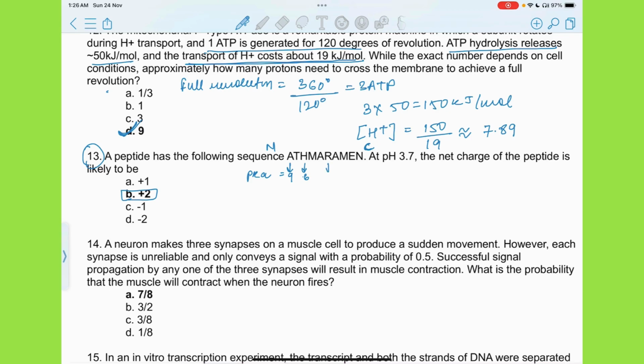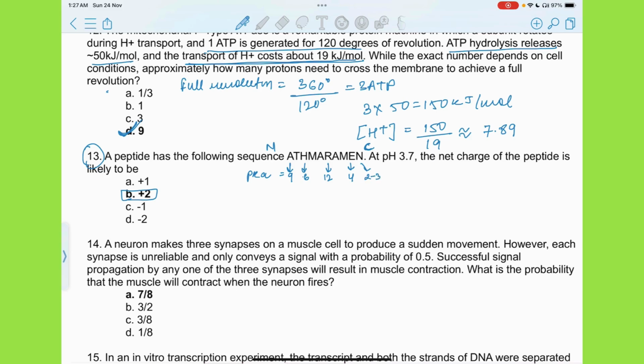R will have the pK 12. Again A and M will not give us any charge. E will give us 4, and N will have a value around 2 to 3.